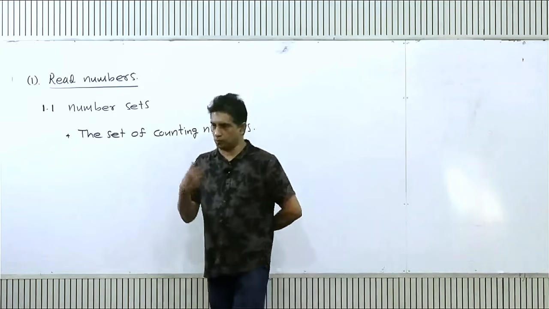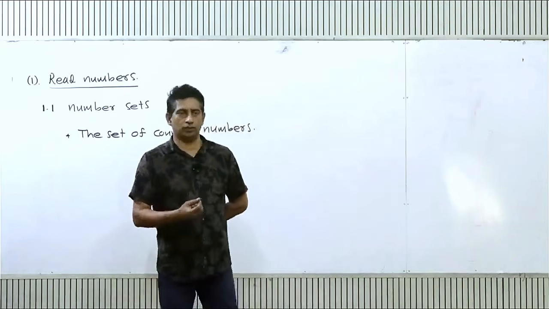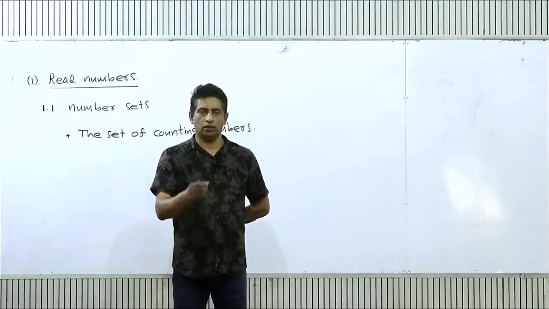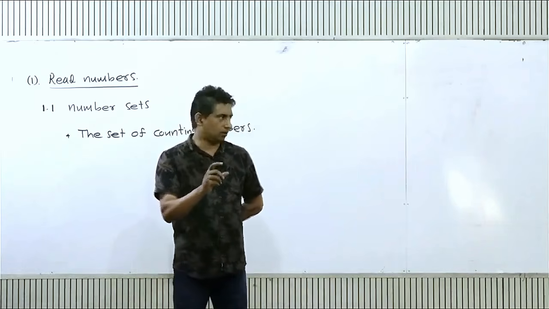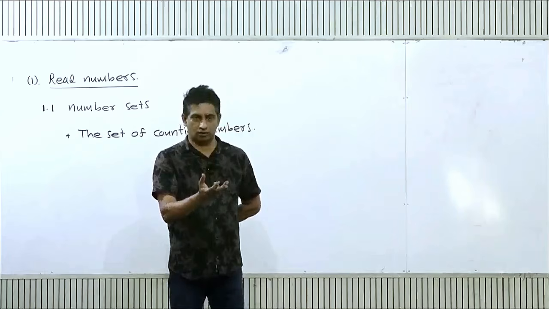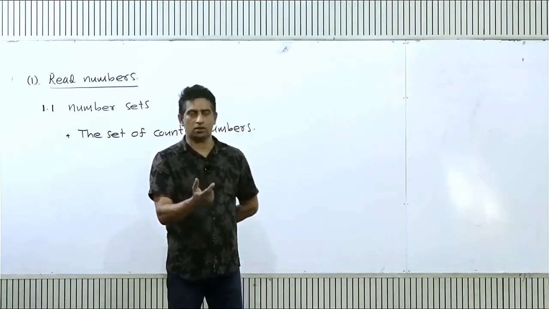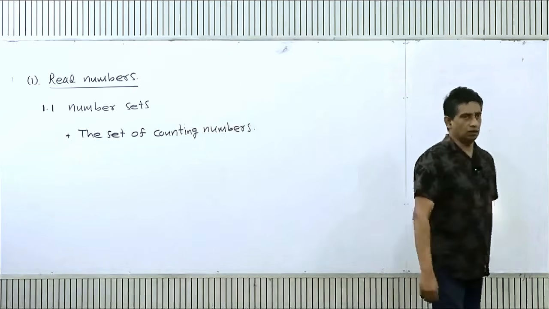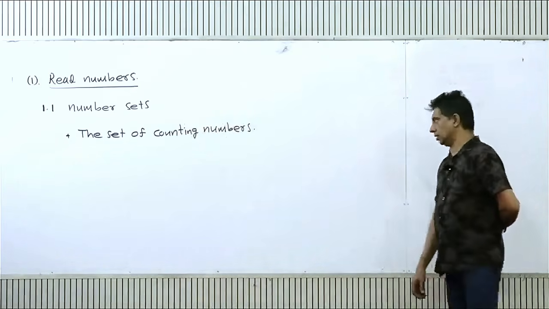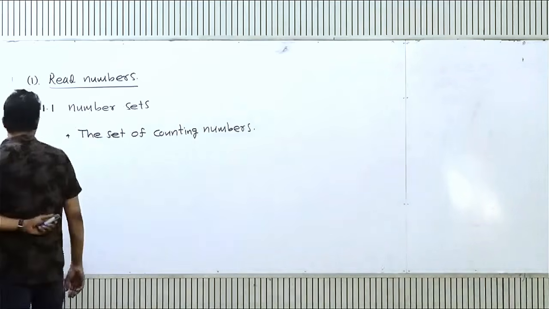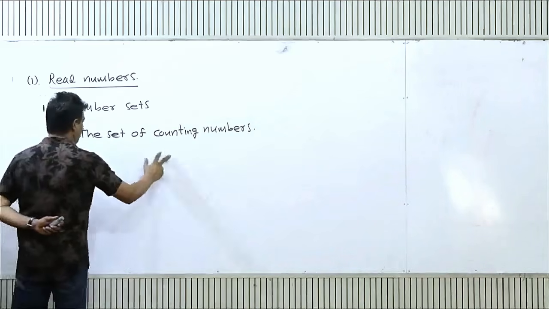If anyone asks you what is the set of counting numbers, what do you have to say? The numbers we use to count objects or live beings are called the counting numbers, the set of counting numbers, that is all, right? Okay, now write down first one, the set of counting numbers.